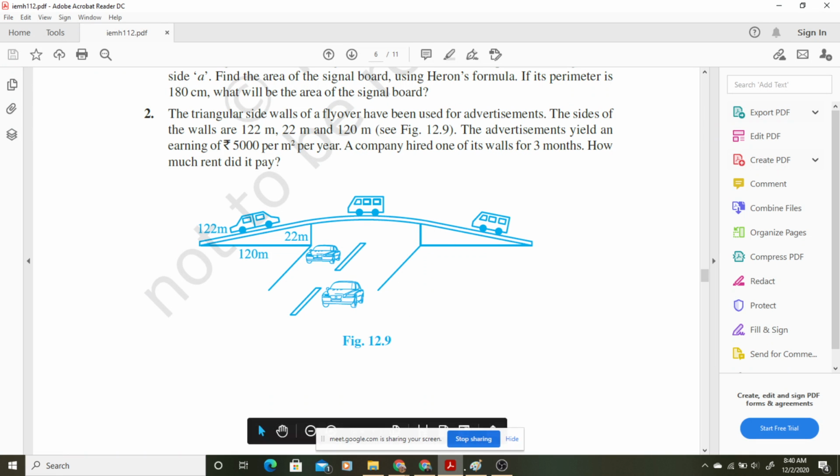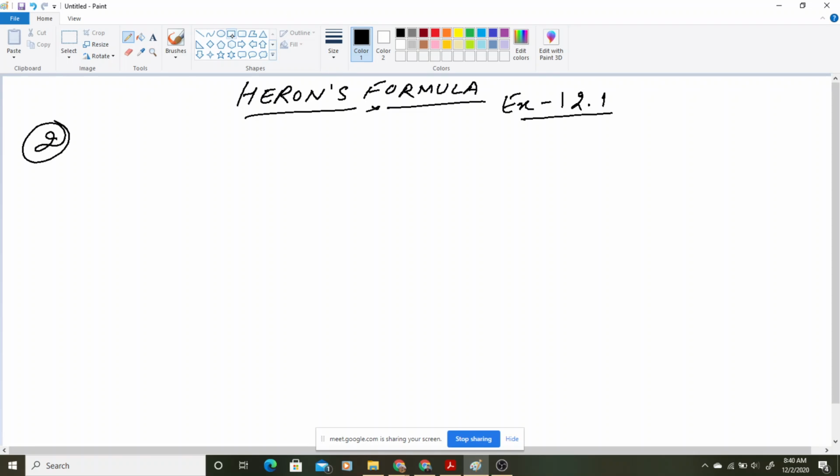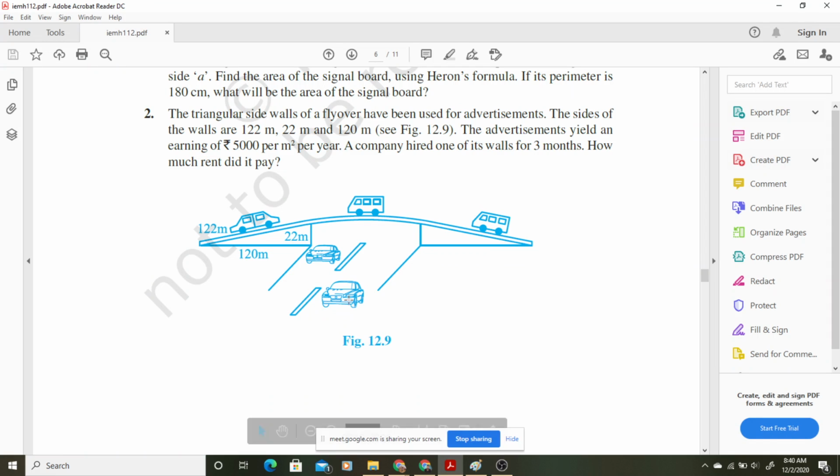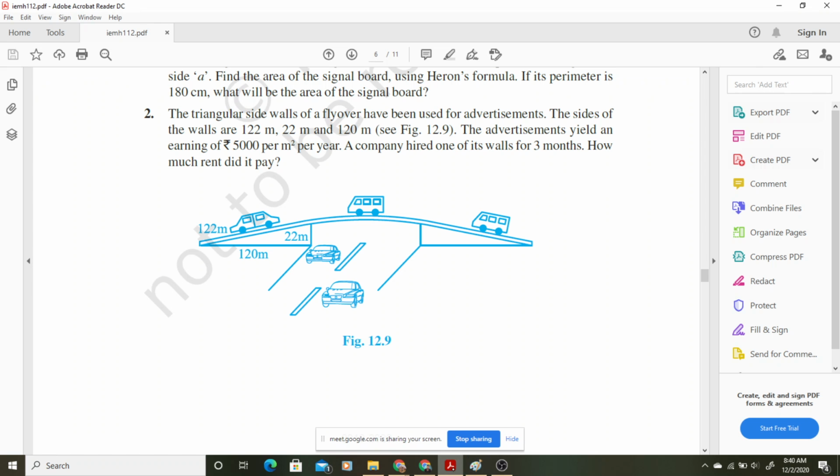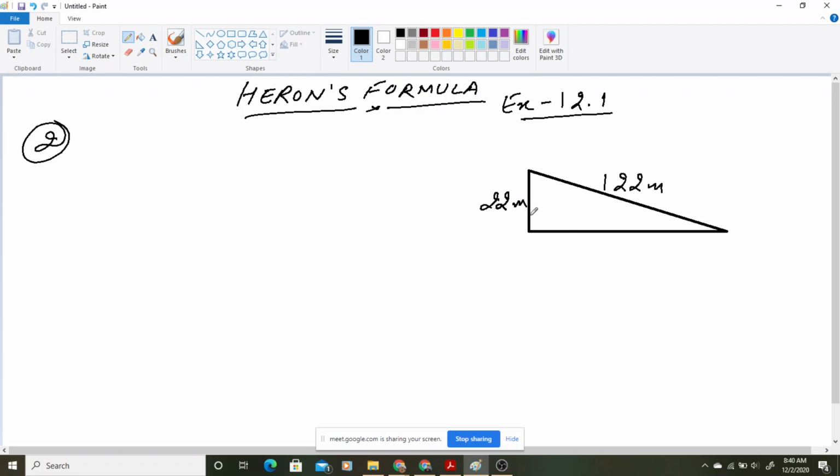If I draw the triangle, I'm not going to draw the whole flyover, I will just draw the triangular side wall. It is like that. The sides are 122 meter, 22 meter and 120 meter.